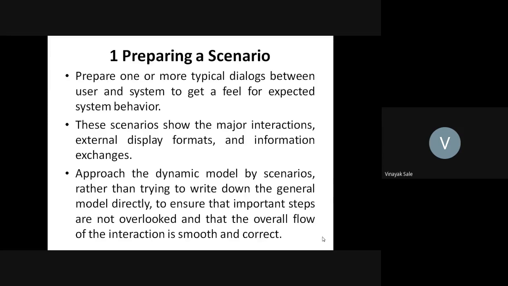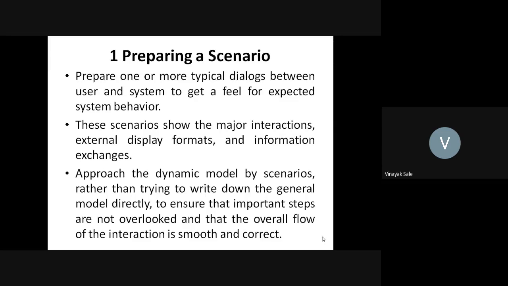Approach the dynamic model by scenarios rather than trying to write down the general model directly, to ensure that important steps are not overlooked and that the overall flow of the interaction is smooth and correct.